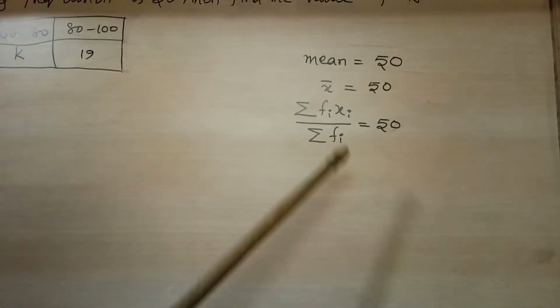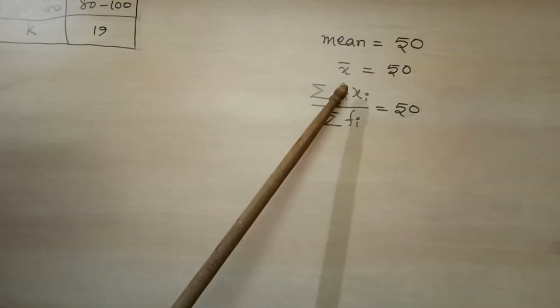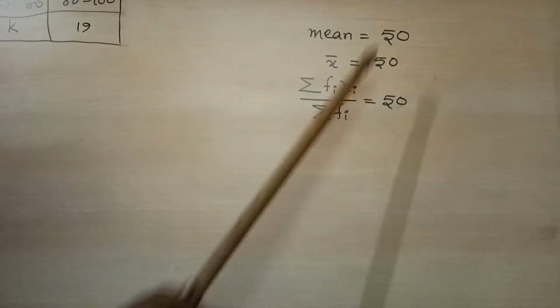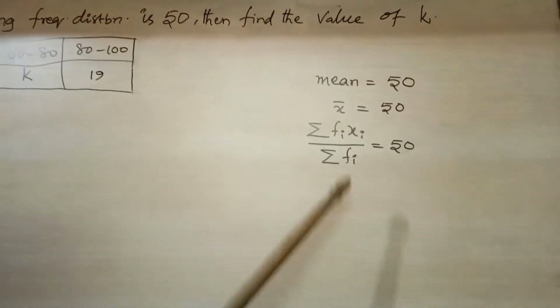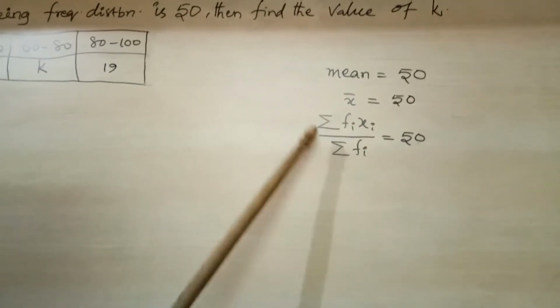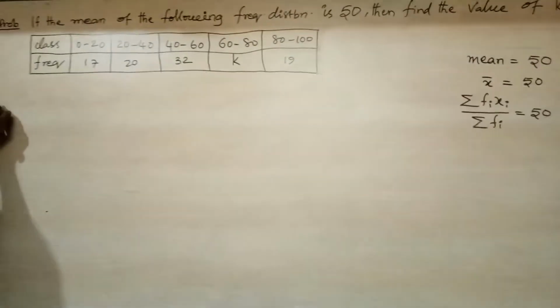Therefore, now we have to know sigma fi xi and sigma fi. These two values are required to find the k value. For this, we will make a table.